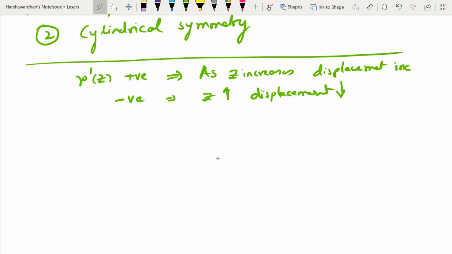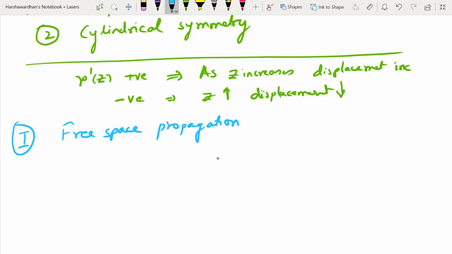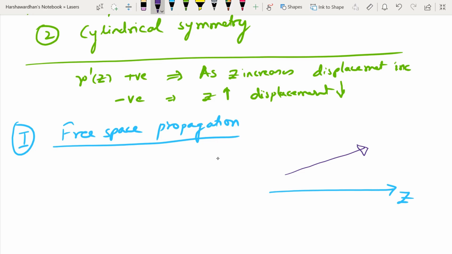So now let's look at various physical situations. The first situation which I want to talk about is free space propagation. Again, the geometry is clear. I will draw the geometry here. Let's say this is my z-axis and I'm looking at a particular ray which has been characterized.